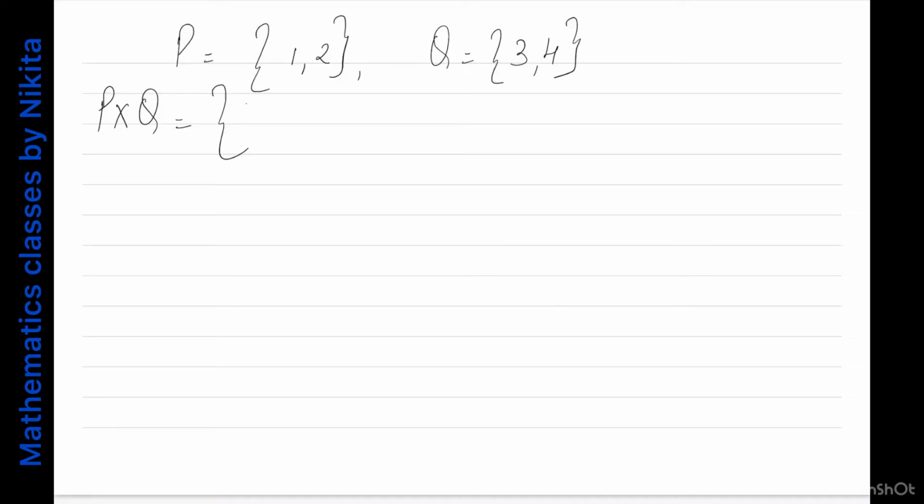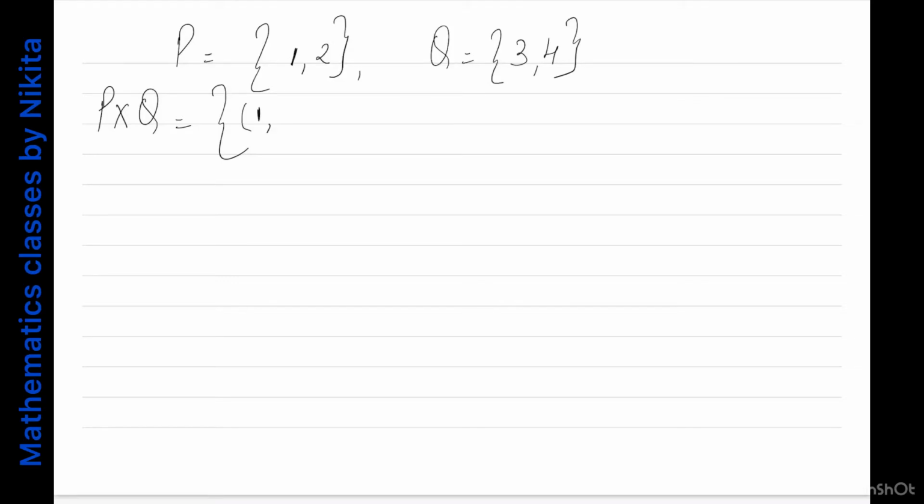तो हम लिखेंगे कैसे? So first, what you have to do is write the elements of P as the first coordinate. That means पहले आप 1 को उठाओ और इसको आप लिंक करो Q के हर एलिमेंट के साथ, associate.